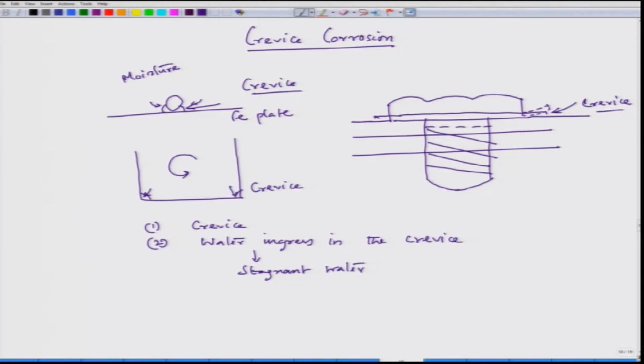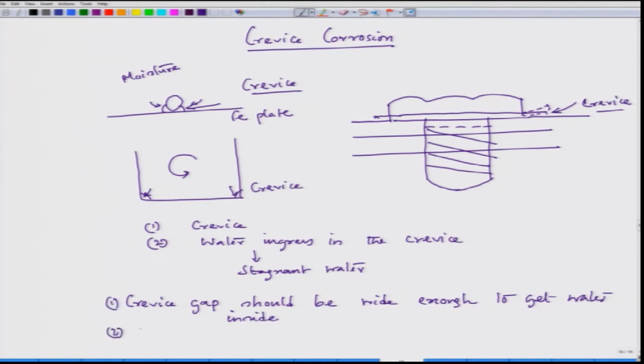That means the crevice gap should be wide enough to get water inside, and second, the water inside the crevice should be stagnant.